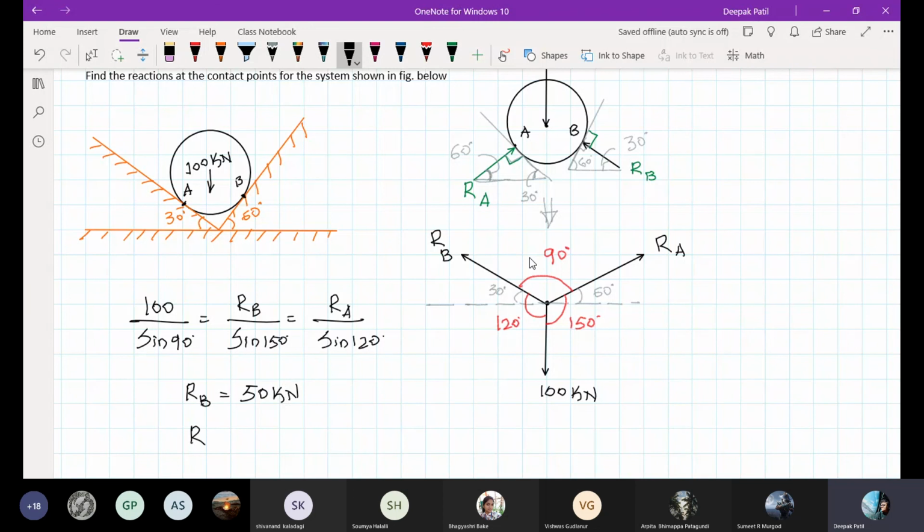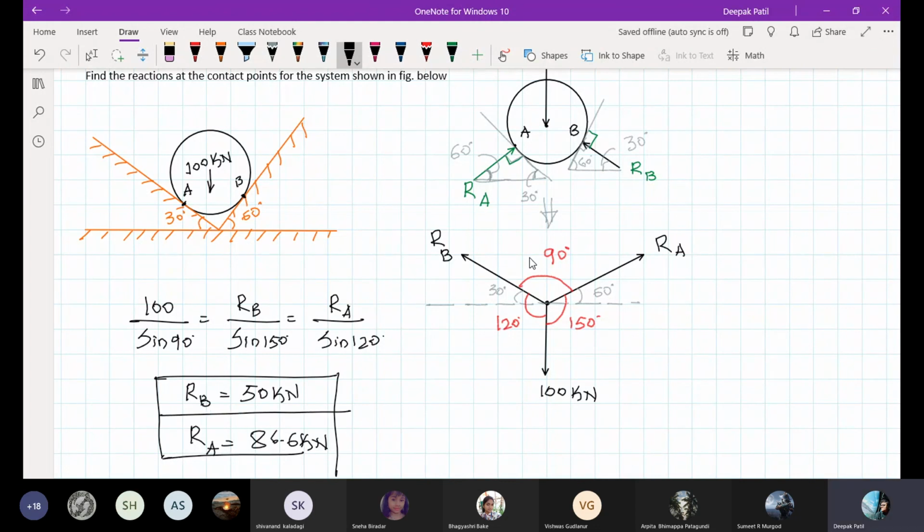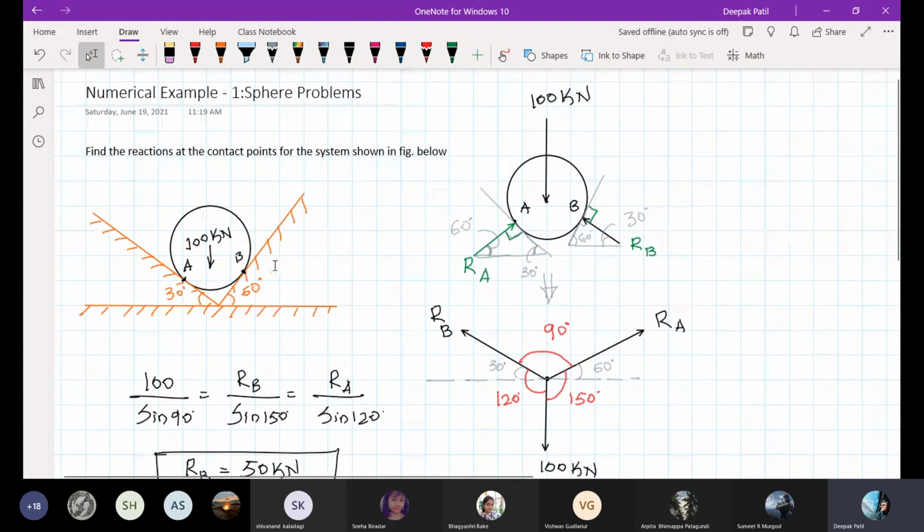Similarly, I can get the value of RA as 100 divided by sine of 90 multiplied by sine of 120, which comes out to be 86.6 kilonewtons. Are you clear, students? Yes, sir. This is how we solve the problems on spheres using Lami's theorem.